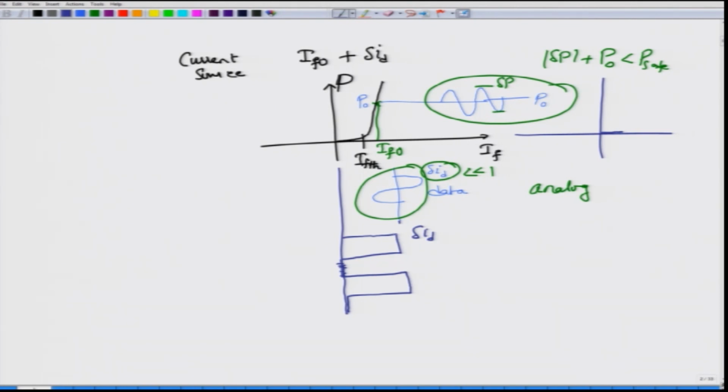But when delta ID is made larger, that is when the pulse occurs, then it provides sufficient forward biasing, so that the laser can generate light output over the duration for which it is turned on. So, this is the digital modulation, and as I told you, this digital modulation format is widely used, in fact up to 10 Gbps standards.